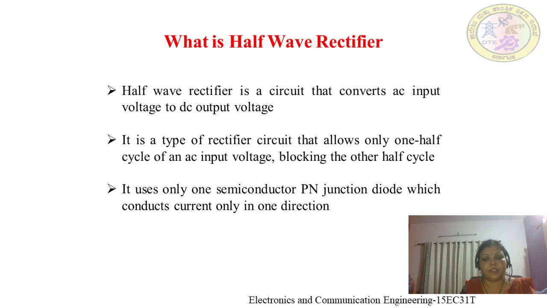When it is reverse biased, it won't allow the current to pass through it. Hence, it is called a unidirectional device. So a single PN junction semiconductor device is used in half-wave rectifiers. It is called a half-wave rectifier as it conducts for one half and blocks the other half.